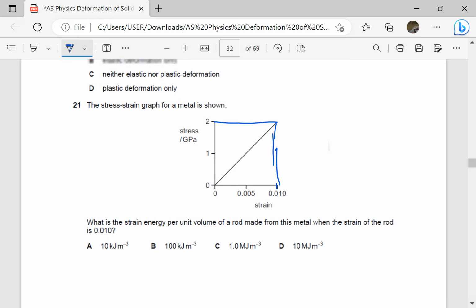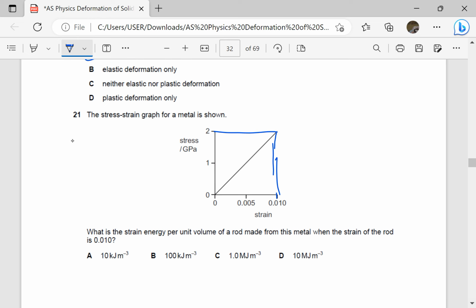And remember, the area under this graph, we have seen it is the same as the elastic potential energy or the strain energy per unit volume. For a stress-strain graph, we have shown that the area is equal to the elastic potential energy per unit volume.